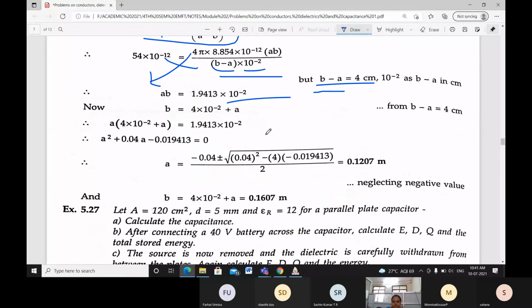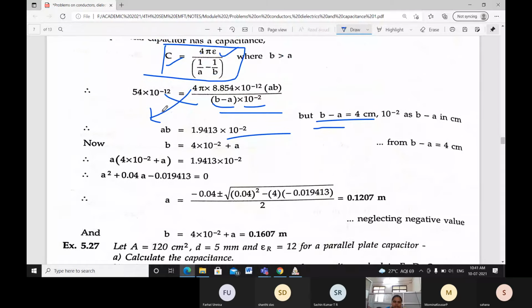It is a simple linear equation. We got B from this part, and this equation is substituted here: A into 4 into 10 raised to minus 2 plus A is equal to 1.9413. Just substitute it here.